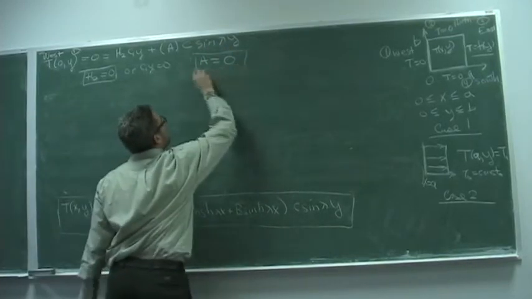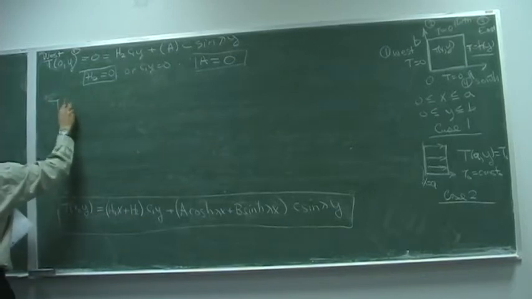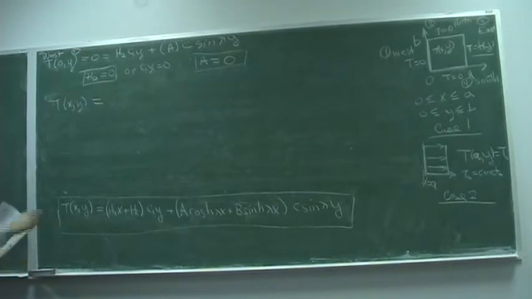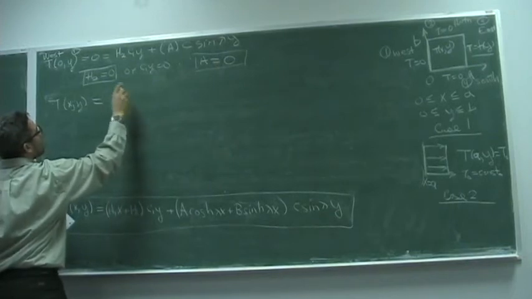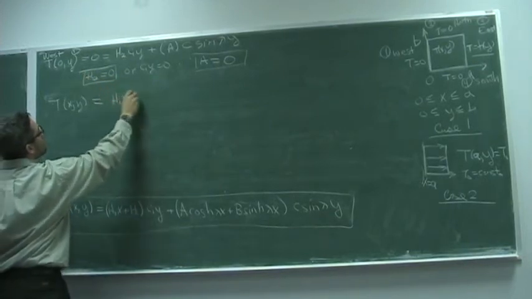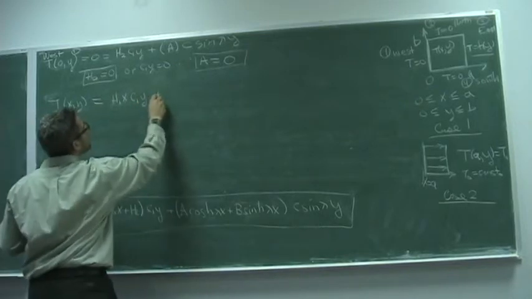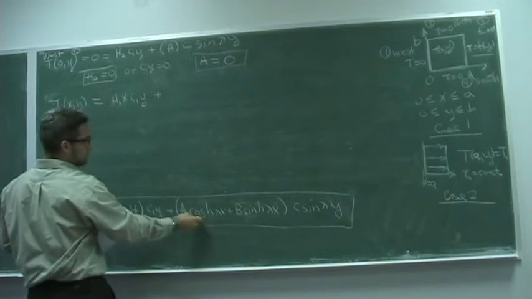So now my solution is going to be, let's write this, T of x and y is going to equal, so now my h2 is 0. So now I got h1x c1y, okay, plus my a is 0, so this term goes to 0.